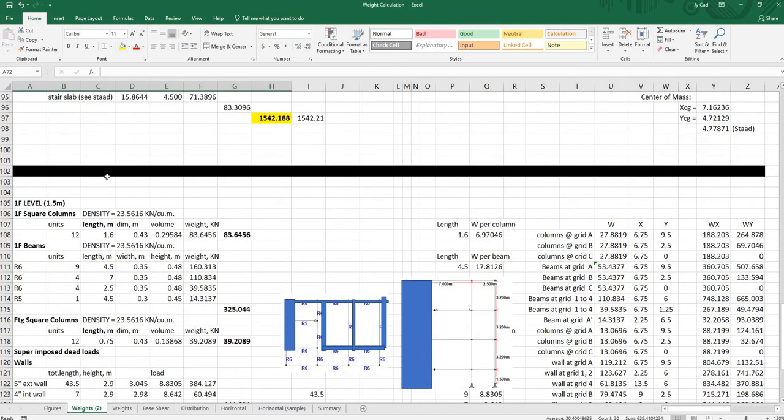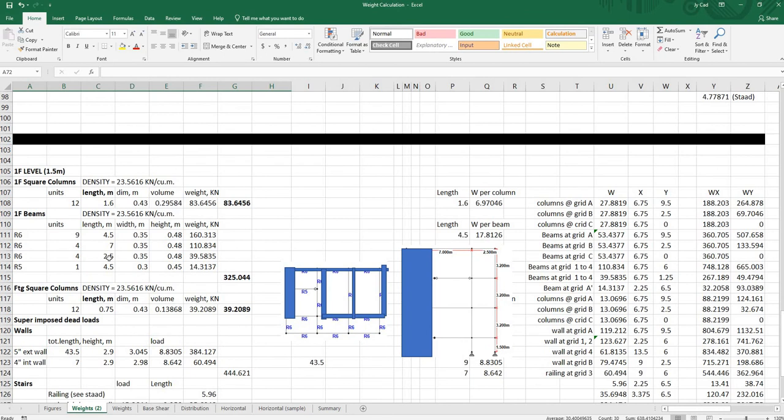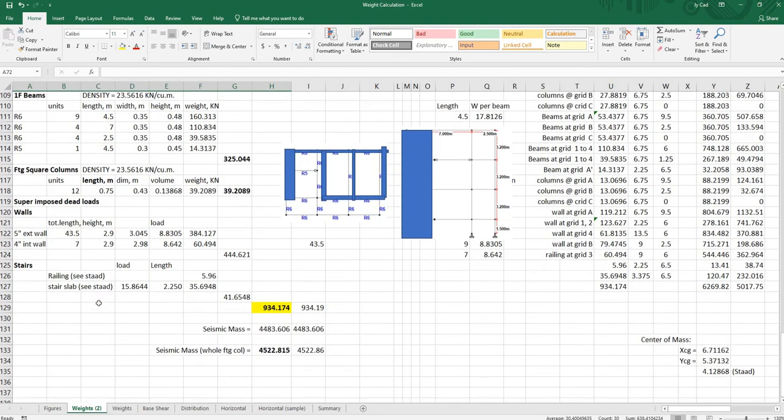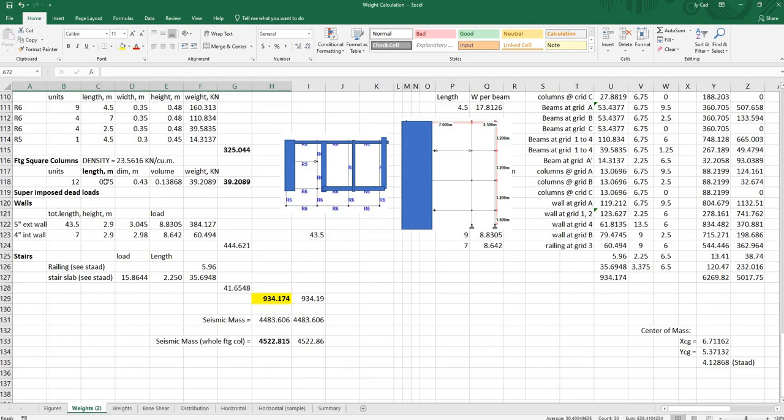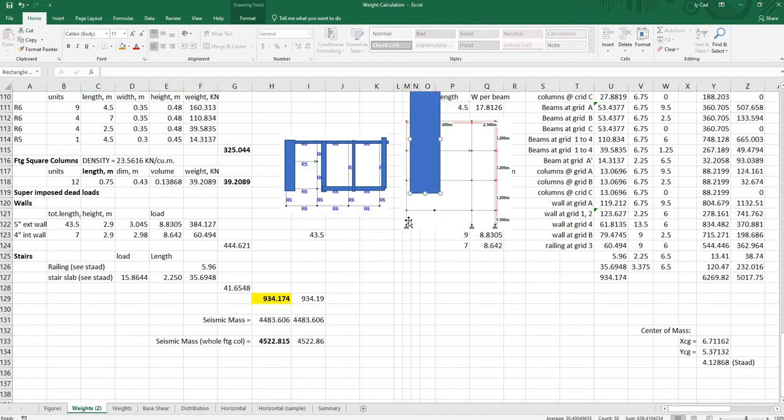And then sa first floor level naman, ganun din. Meron kang beams, meron kang stairs, meron kang column sa taas, meron ka ring column sa ilalim. But this time, ang column mo sa ilalim would be 1.5 divided by 2, which is 0.75.